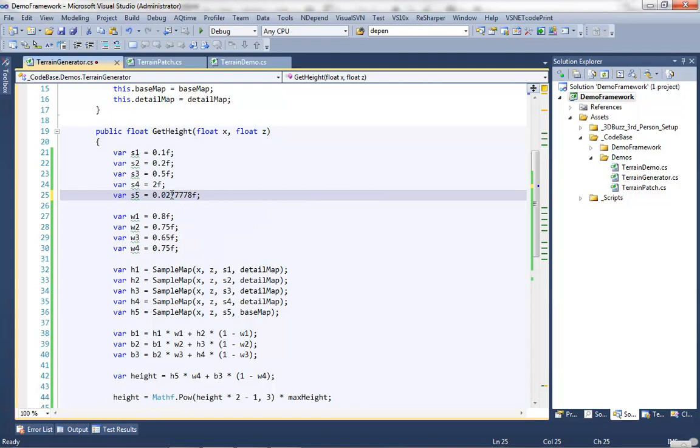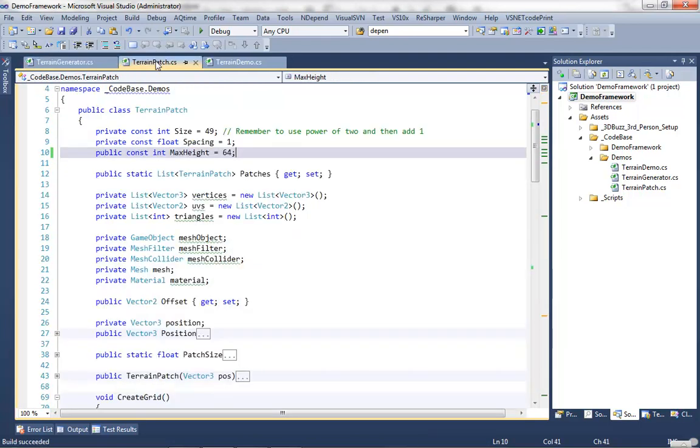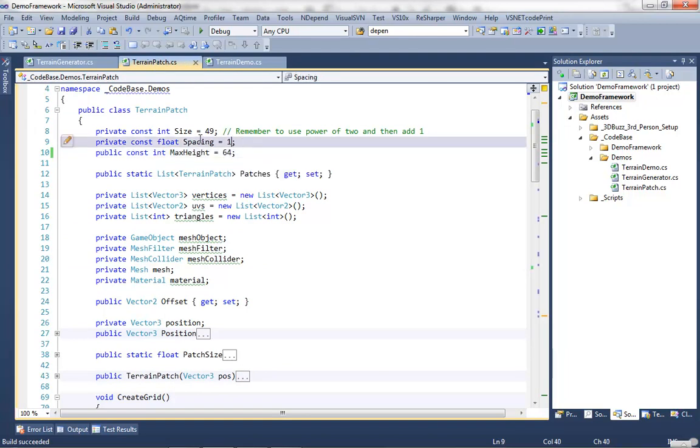Right. And now, do you want to make any adjustments inside Terrain Patch? Yes, I do. So now spacing of 1 is really nice for what we were testing just so we could show all the noise, but that's kind of a dense mesh for a game. So depending on your platform, you probably want to go anywhere from a spacing of 2 for a PC type game, if you want something that is on par, if not higher res than a lot of the MMOs that are out there.